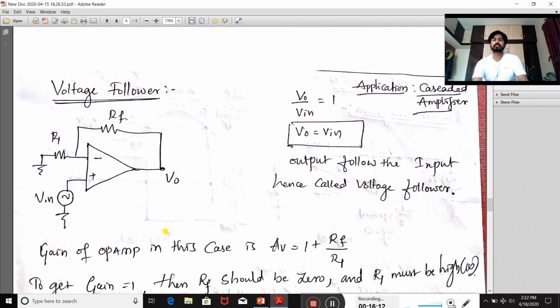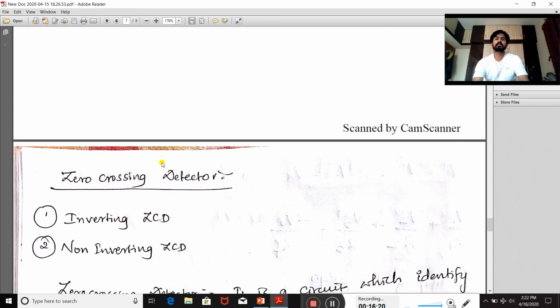So in this lecture, what I have covered is the operational amplifier as a voltage follower, and in this and the next one we have seen the operational amplifier as a zero crossing detector. And where do we find the application of zero crossing detectors?